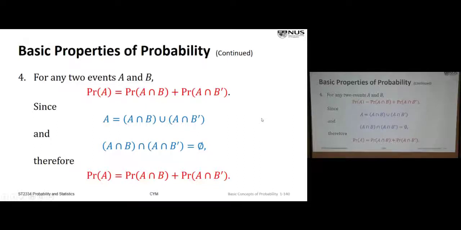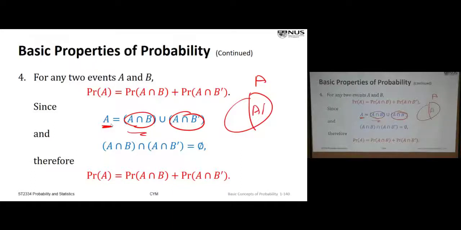Now, again, this one is to apply what we just discussed. Basically, we rewrite A as the union of two mutually exclusive events. This is a very simple technique. I have this event A. I divide A into two parts. One is those in A which are common to B, that is A intersect B. The other is A common to B complement.